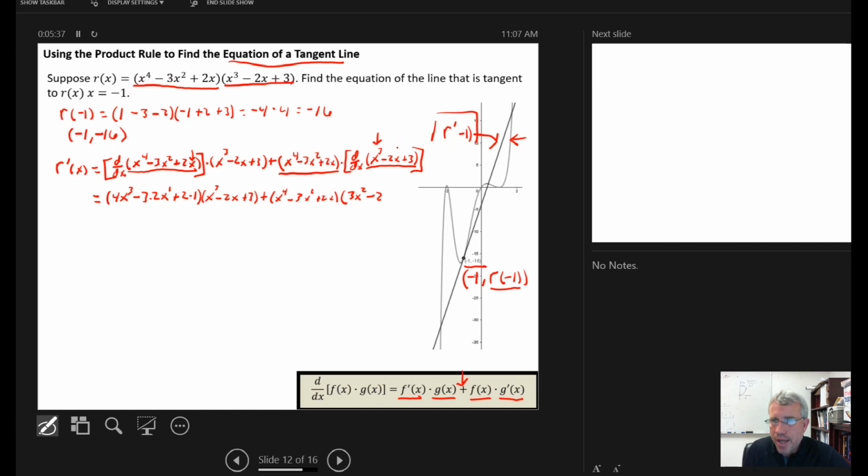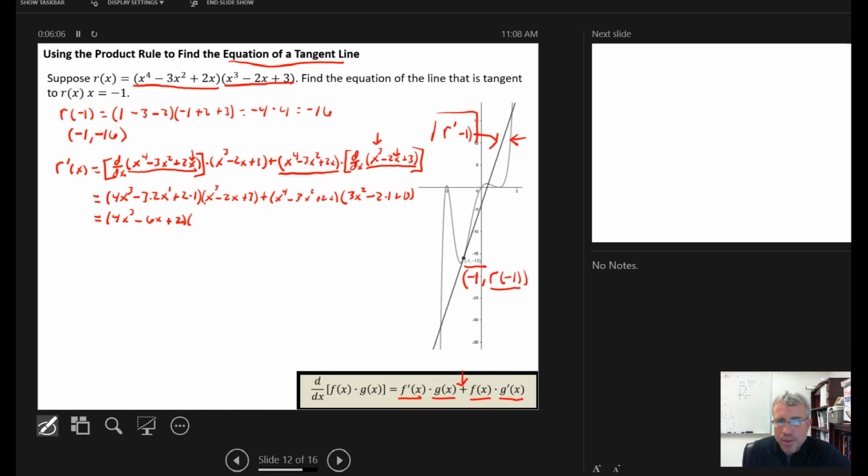The derivative of x is 1, so negative 2 times 1 plus the derivative d dx of a constant is 0. And I can simplify things just a hair. So I'm going to get 4x cubed minus 6x, 2 times 1 is just plus 2.